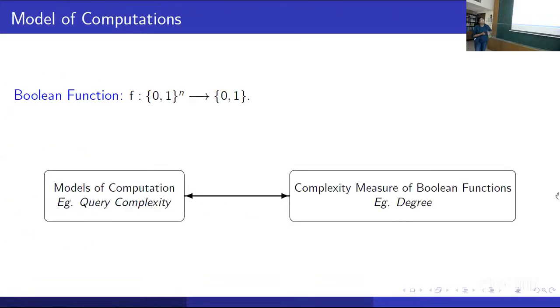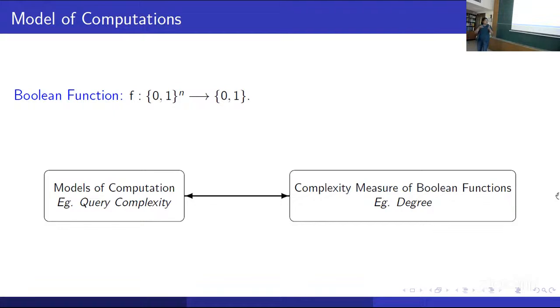Okay, so today we'll be talking mostly about Boolean functions only, and the model of computation around which we'll be talking is the query model, which I will introduce shortly. Depending upon the model of computation, there are various complexity measures.